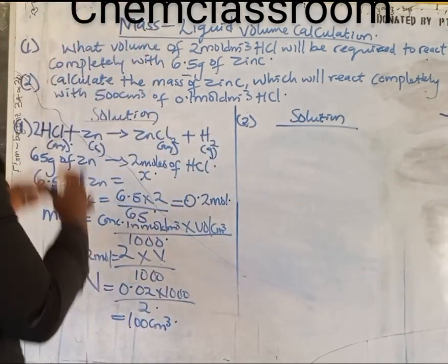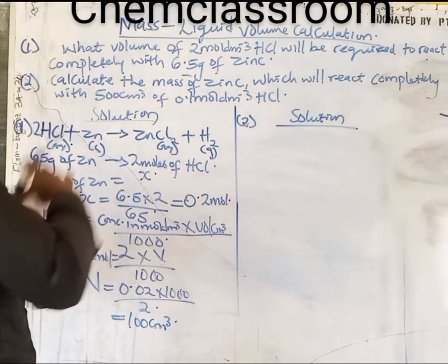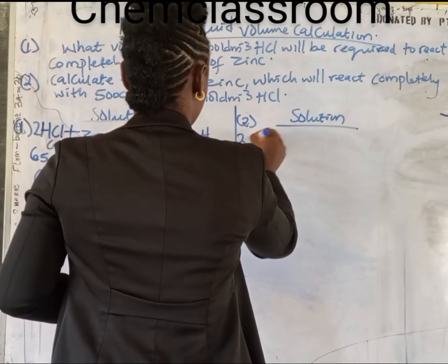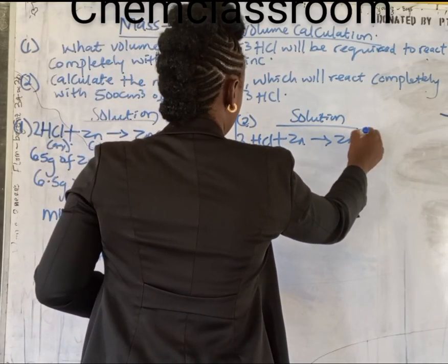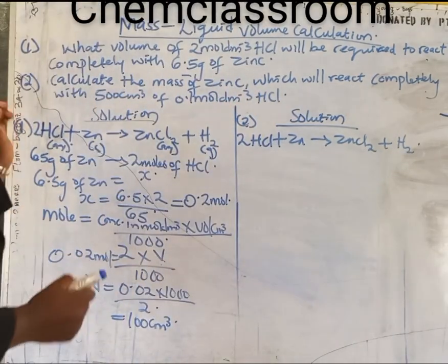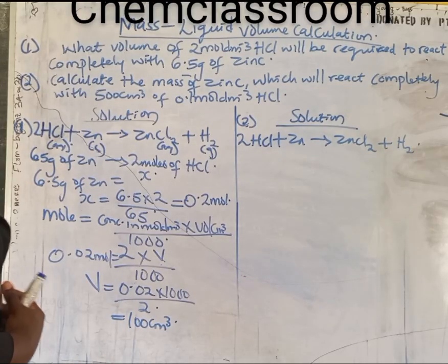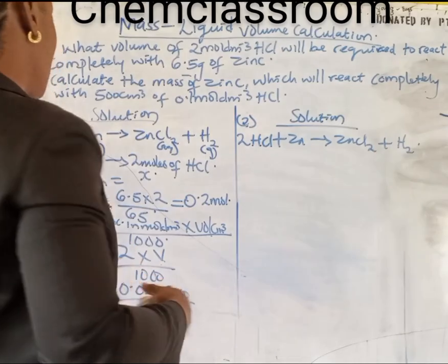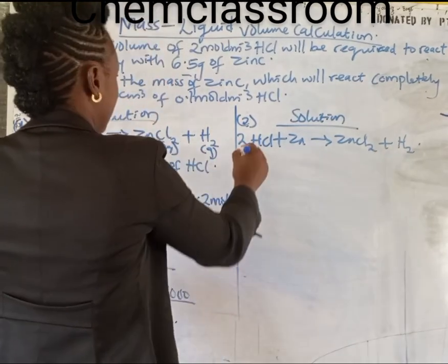Then the second question, we are still going to repeat the same equation, but the question is coming in a different way entirely. The HCl is still reacting with zinc to give zinc chloride and hydrogen gas. They say, what mass of zinc will react completely with 500 cm³ of 0.1 mol/dm³ HCl? So here we are going to use this formula first to look for the mole.